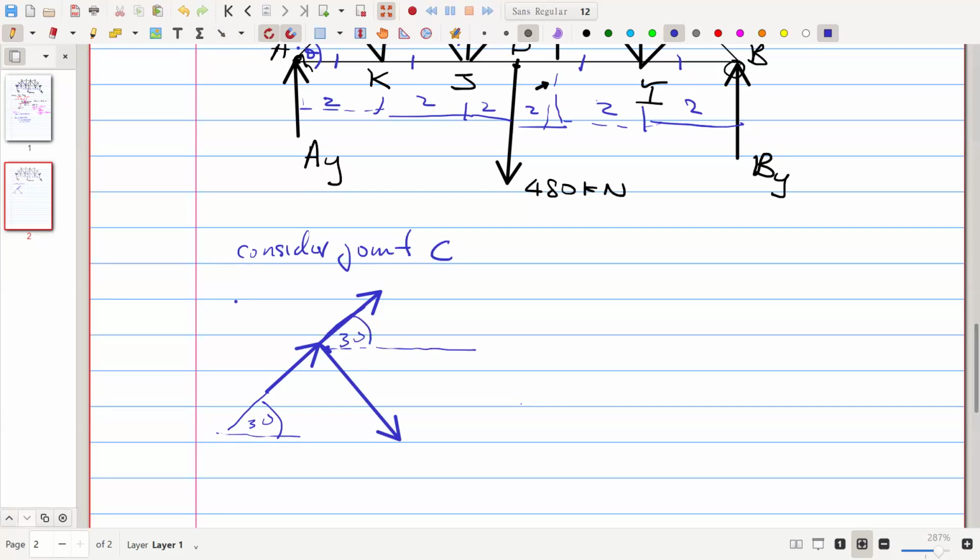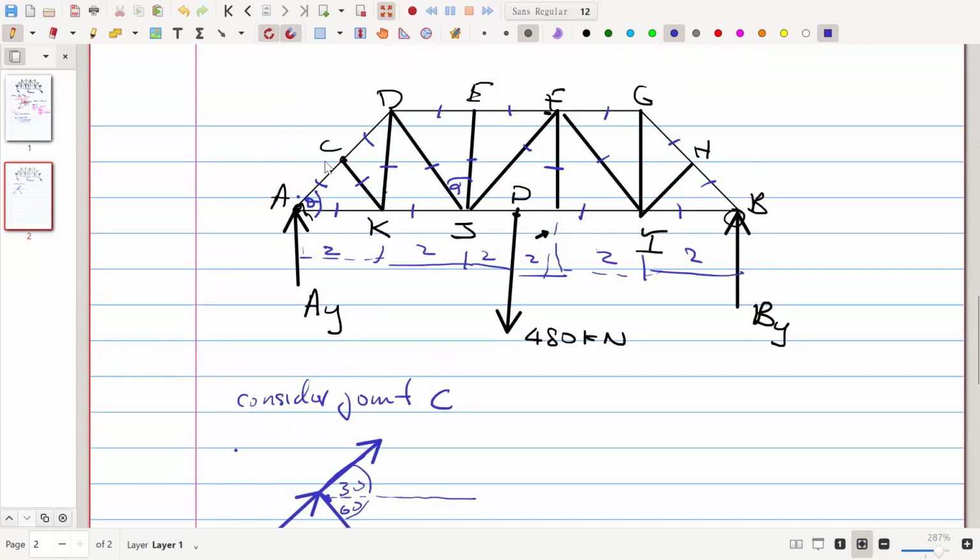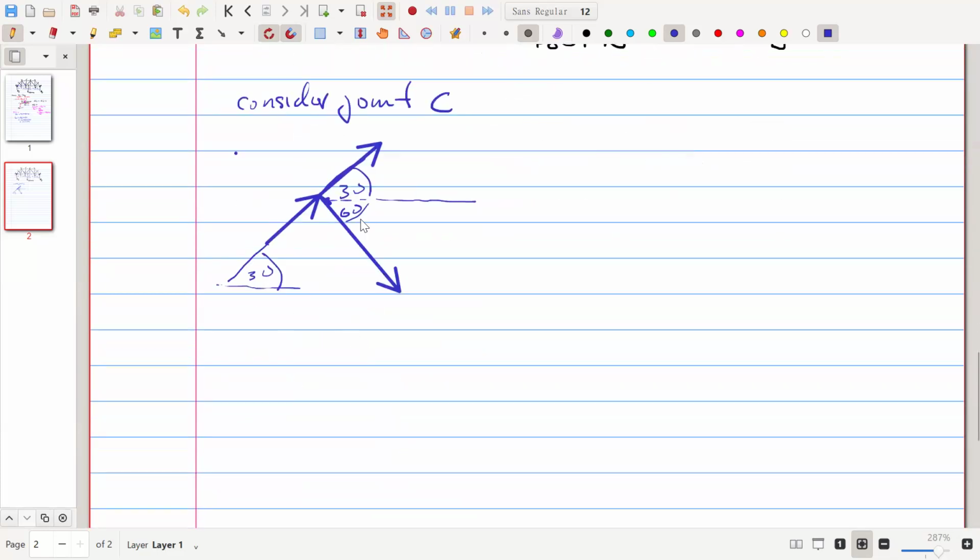And therefore, if that one is at 30, this one would be at 60. See, it is 90. Remember, we started the original one at 30 here. If this line is at 30, then this line here is going to be at 60.